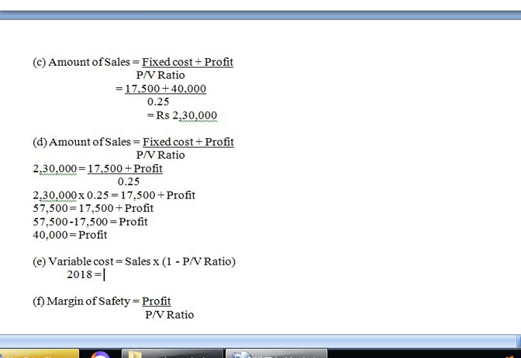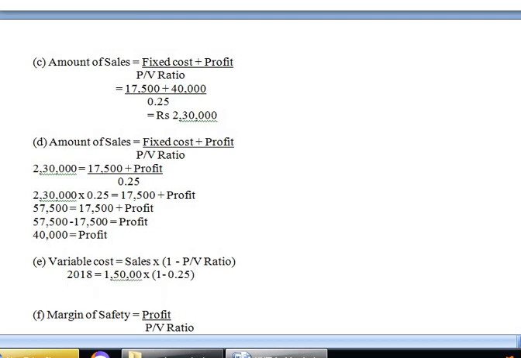Now sales for 2018 is 1,50,000 into 1 minus PV ratio, 0.25. So that will be equal to 1,12,500. Variable cost is 1,12,500.